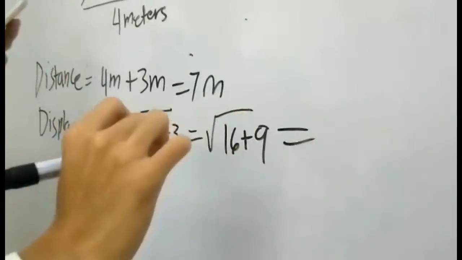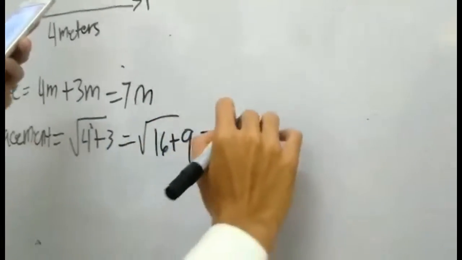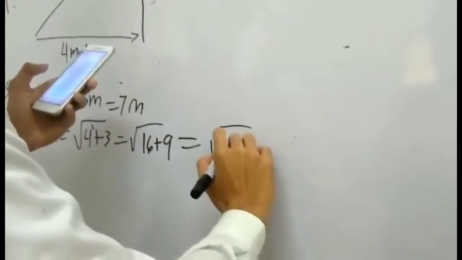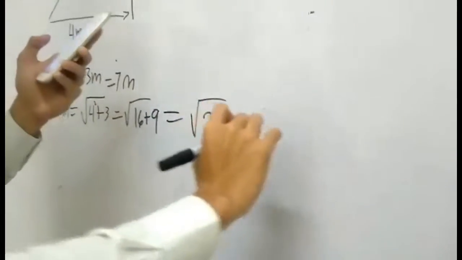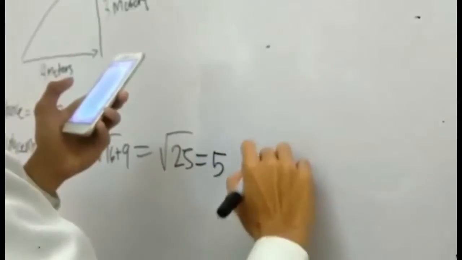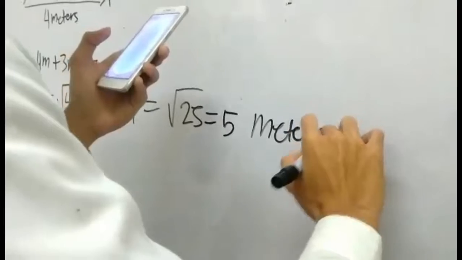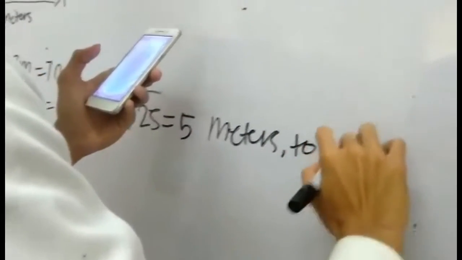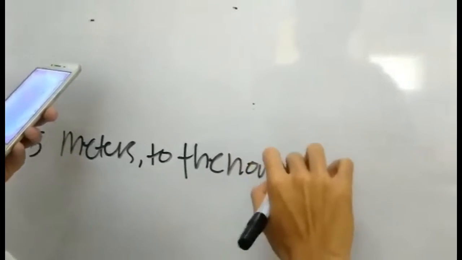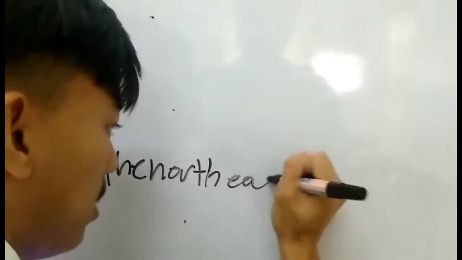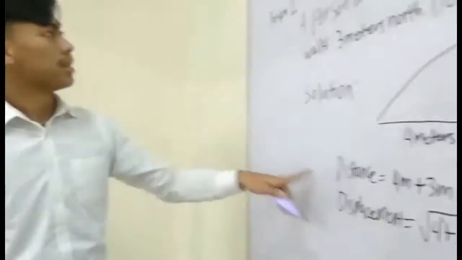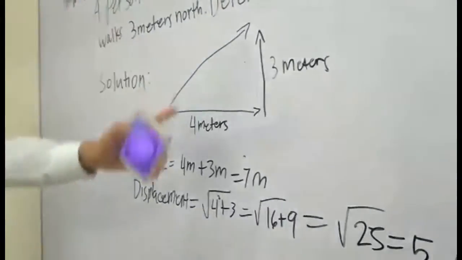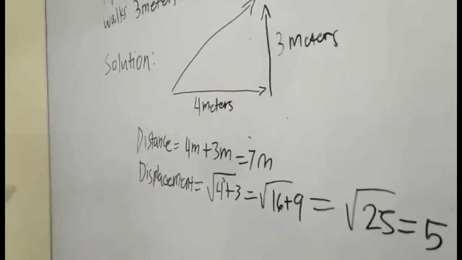The total of the displacement is 25, equals 5 meters to the northeast, and that is the answer of the distance and displacement of a person who walks 4 meters east and walks around 3 meters north.